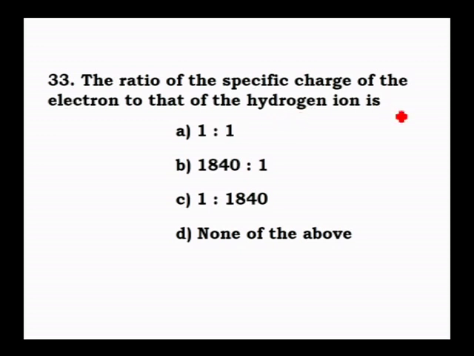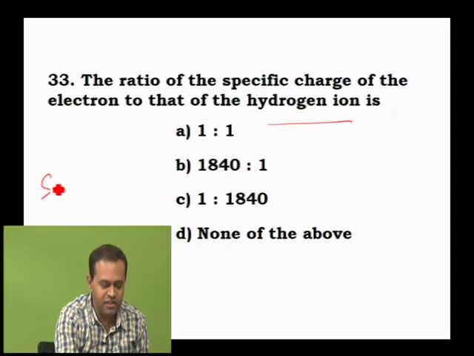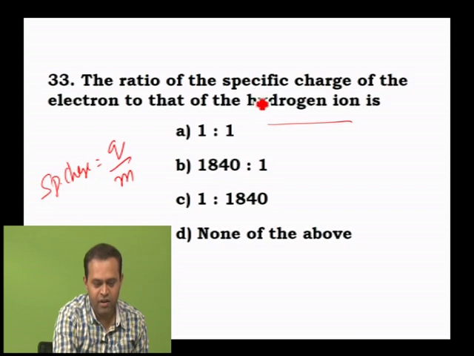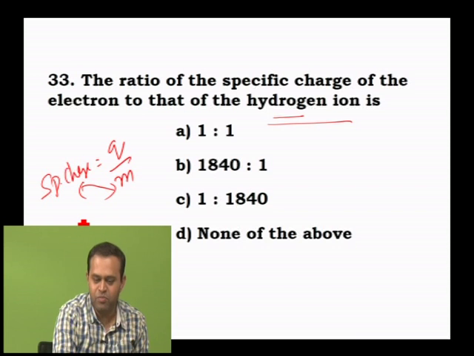The ratio of specific charge of electron to that of hydrogen atom is, you know that specific charge is the ratio of charge by mass. Electron and proton have the same charge magnitude, and a hydrogen atom is nothing but a proton only in terms of charge. Therefore, how does specific charge vary with mass? It is inversely proportional to mass.